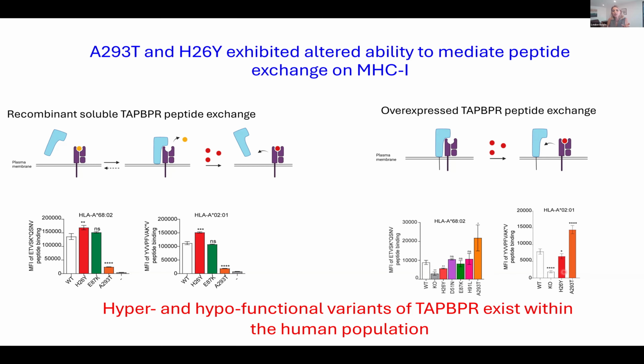So regardless of these different results for these different assay systems, these results show that there are rare hyper and hypofunctional variants present in the human population, which have different binding affinity for MHC class 1, which then results in different functional consequences for peptide exchange.